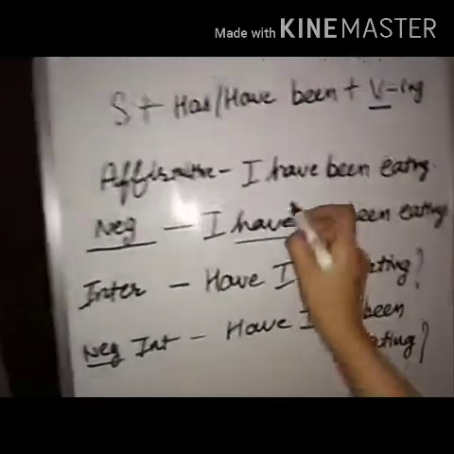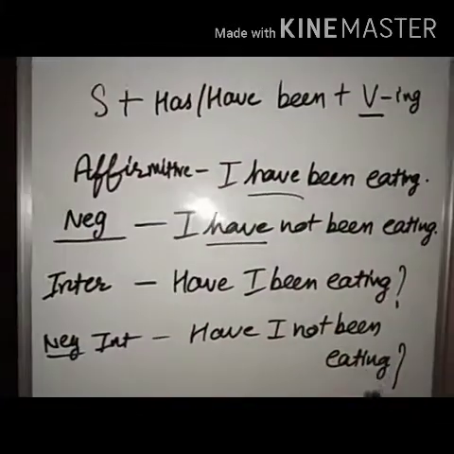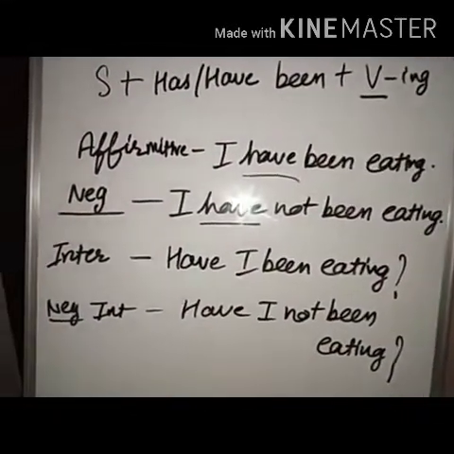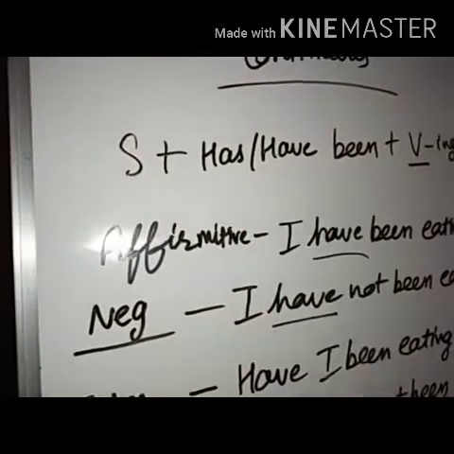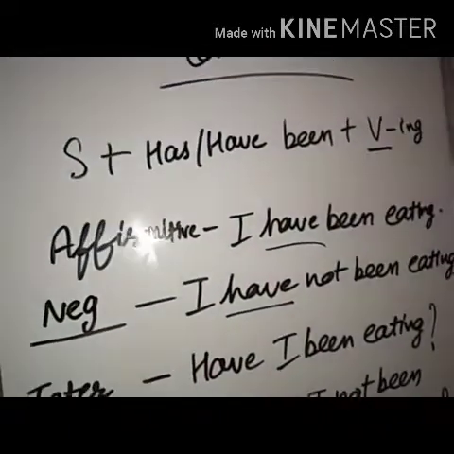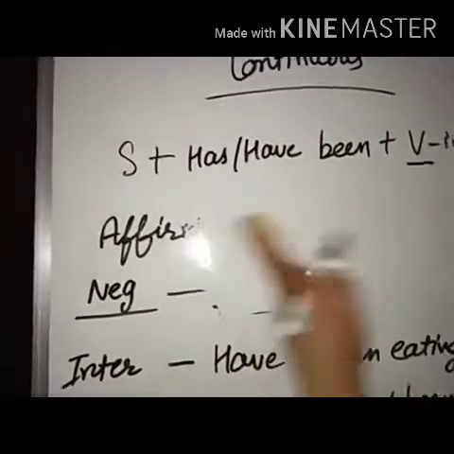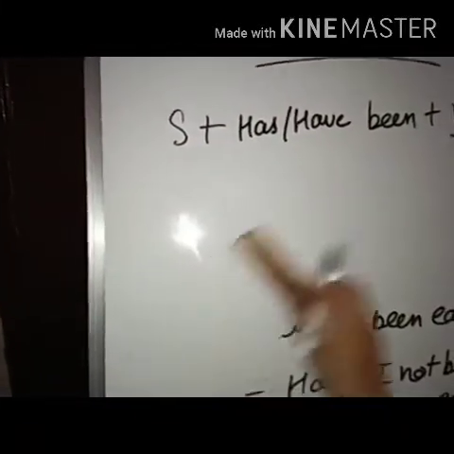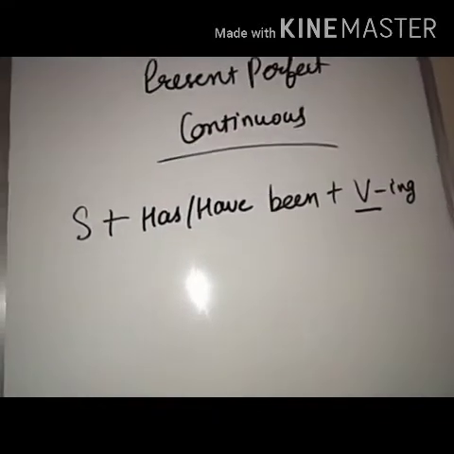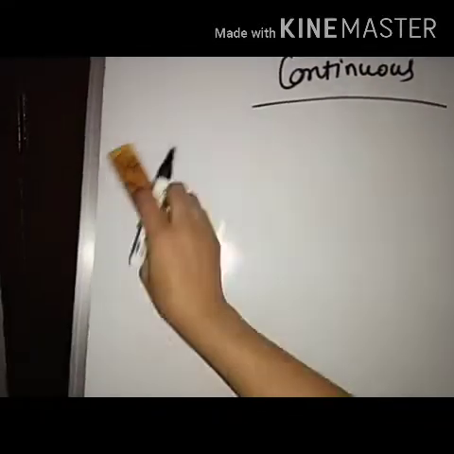I hope the use of has and have is clear to you. When and why we use has and when and why we use have. Now we will discuss when and why, in which condition we use present perfect continuous.